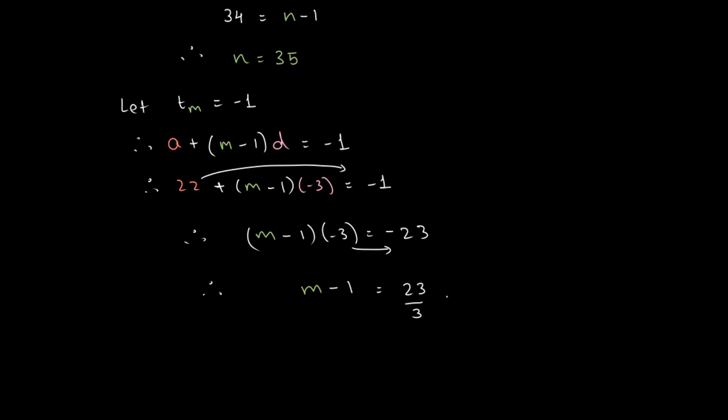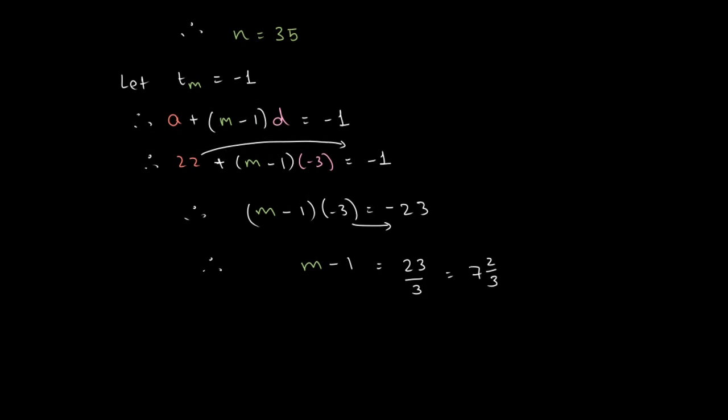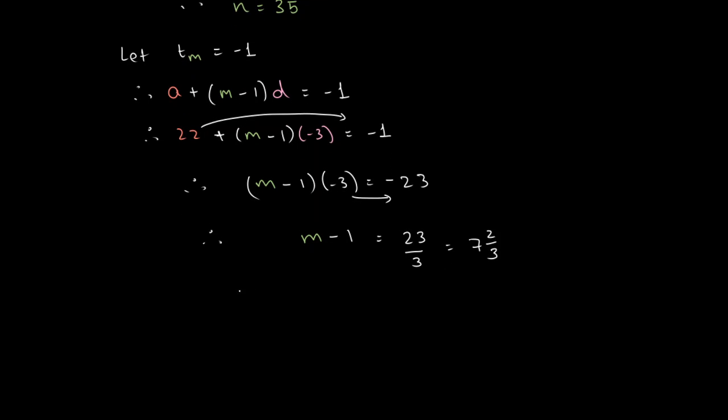And I can simplify that into a mixed fraction as 7 2 upon 3, correct? And now if I add the minus 1 to the other side, it becomes plus 1, so therefore I get the value of m as 8 2 upon 3.